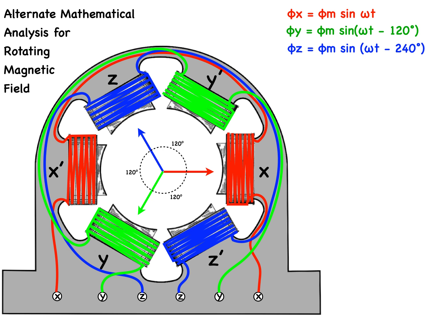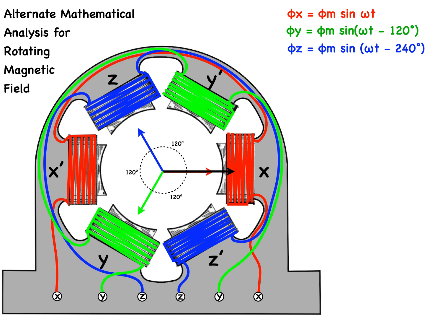These are what we call pulsating fluxes. And they produce a rotating field of constant magnitude equal to 1.5 phi m.